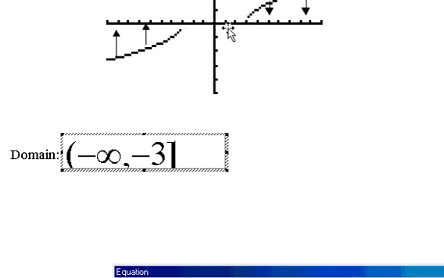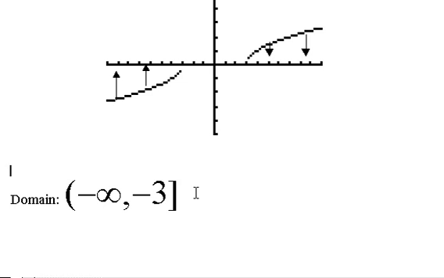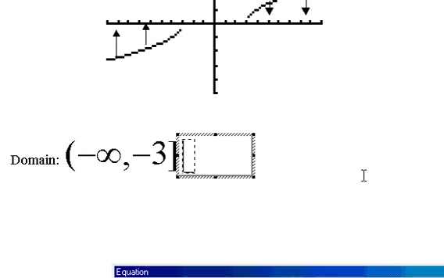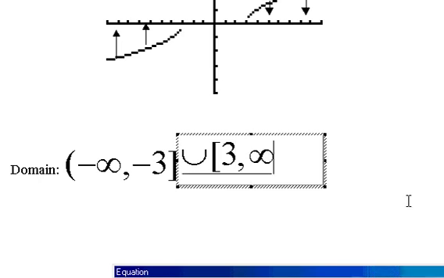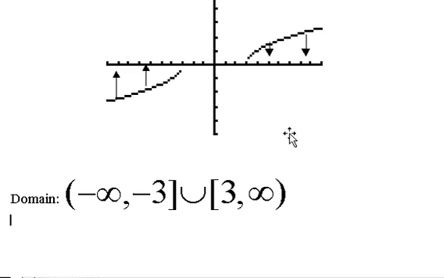Now there's nothing between -3 and 3, and we use a union sign, or this means "or," of 3 to infinity. So we have negative infinity to -3, which is covered on the x-axis. This is our domain right here we're looking at. And then we have 3 to infinity. So again, it connects there, and it's 3 to infinity.